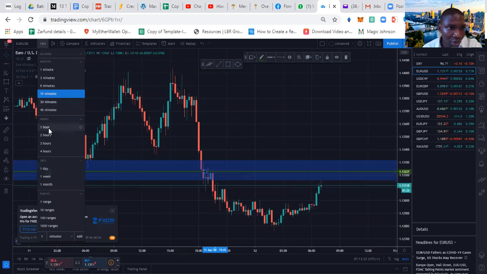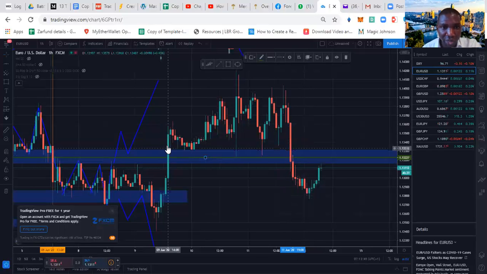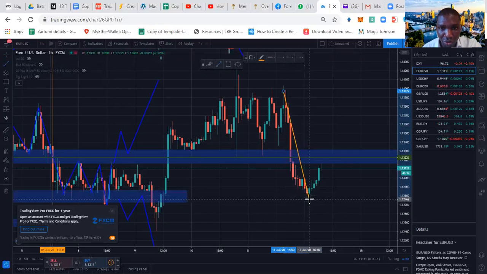So what happened with Euro USD that we're looking for a sell is the structure. You can see that we had a previous structure here, and then Euro USD just broke this structure. You can see the break of structure. The way it works is that it will retest the structure, then sell off.